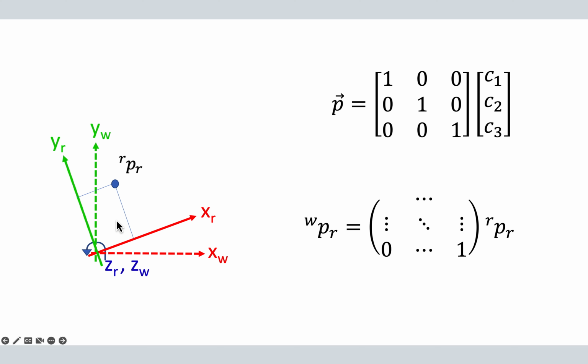The point here has different coordinates in the world coordinate system than it had in the robot coordinate system. To see that, you just have to take a straight line down until you hit the x-axis of the world coordinate system. This is the value we are looking for, and a straight line to the left until it intersects with the y-axis of the world coordinate system. And that is the value we would be looking for there.